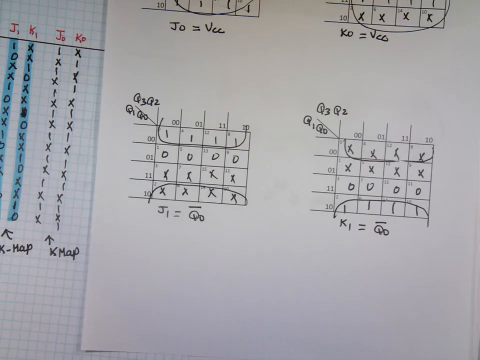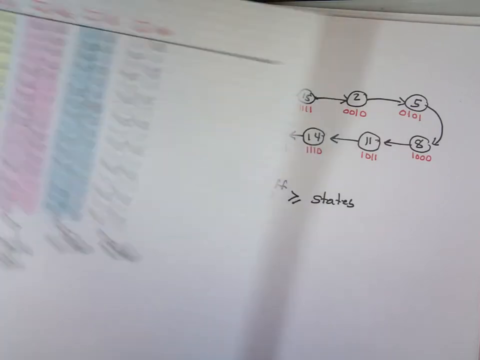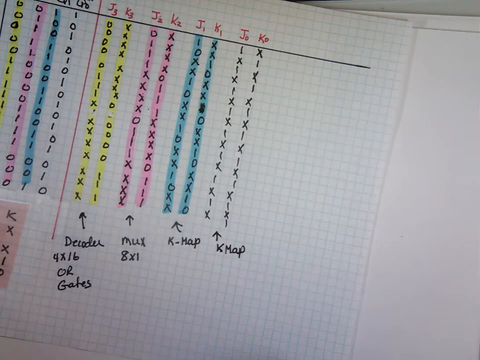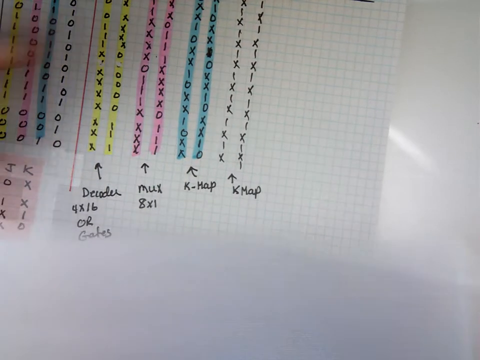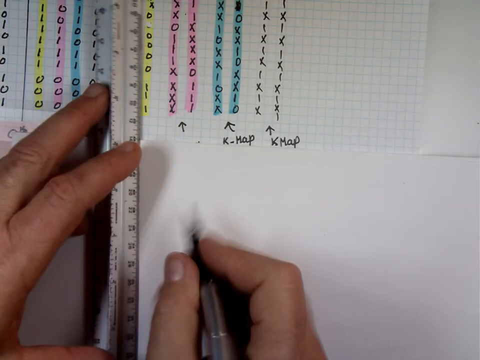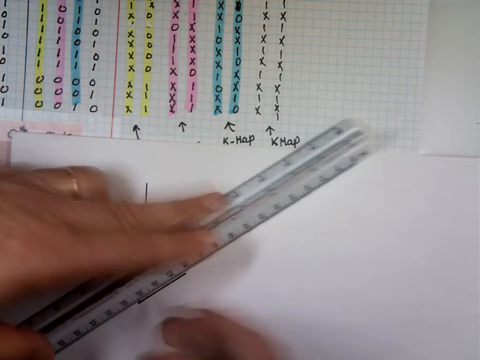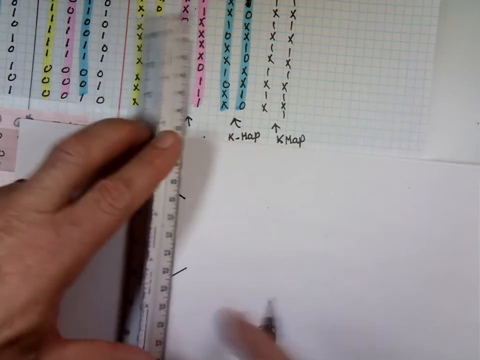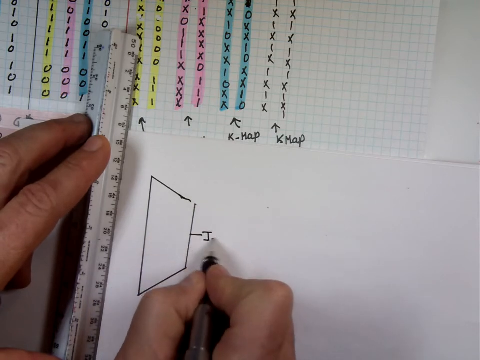Now let's look at J2 and K2. I'm going to use 8 by 1 muxes for them. Okay, let's look at 8 by 1 mux. So this is J2 and K2. This is what's going to J2, and this is K2.